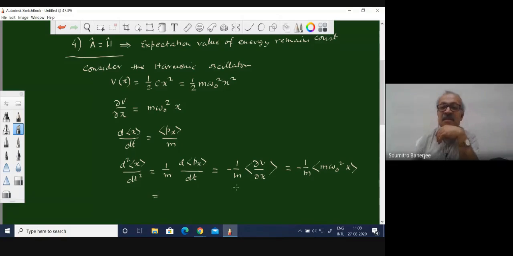You can see that m cancels off. It is minus omega naught square and the expectation value of x.